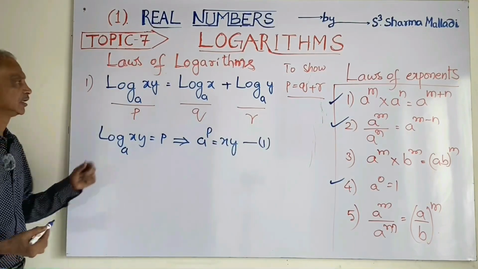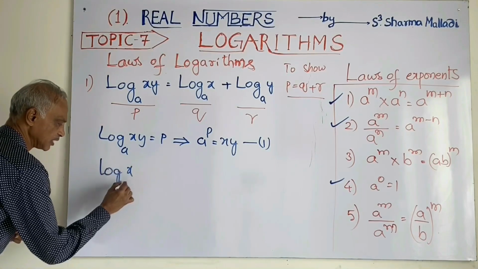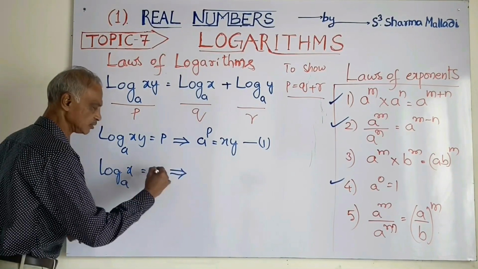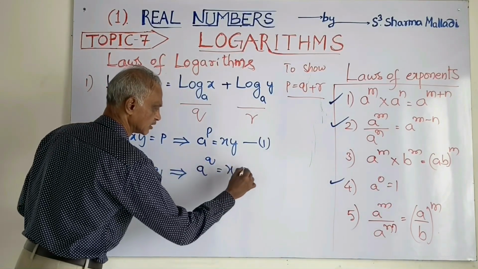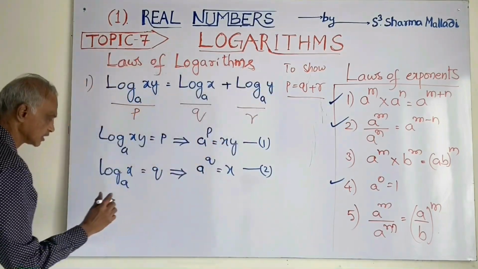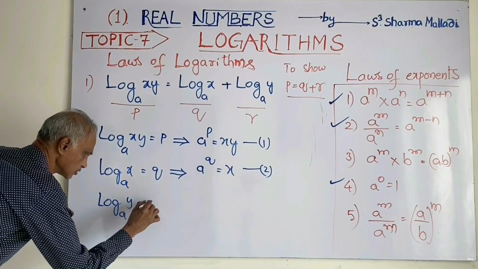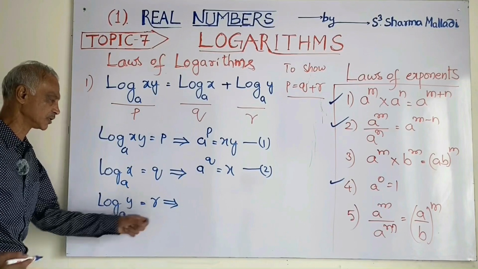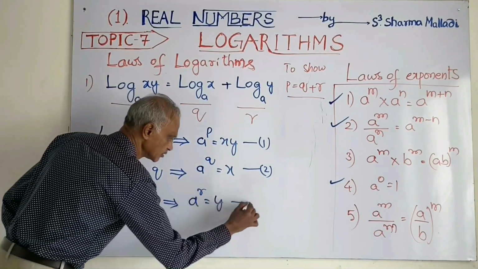This is 1. Now you take log x to the base a is equal to q. In exponential form, a to the power of q is equal to x. This is number 2. Next you take log y to the base a is equal to r. In exponential form, it can be written as a to the power of r is equal to y. This is number 3.